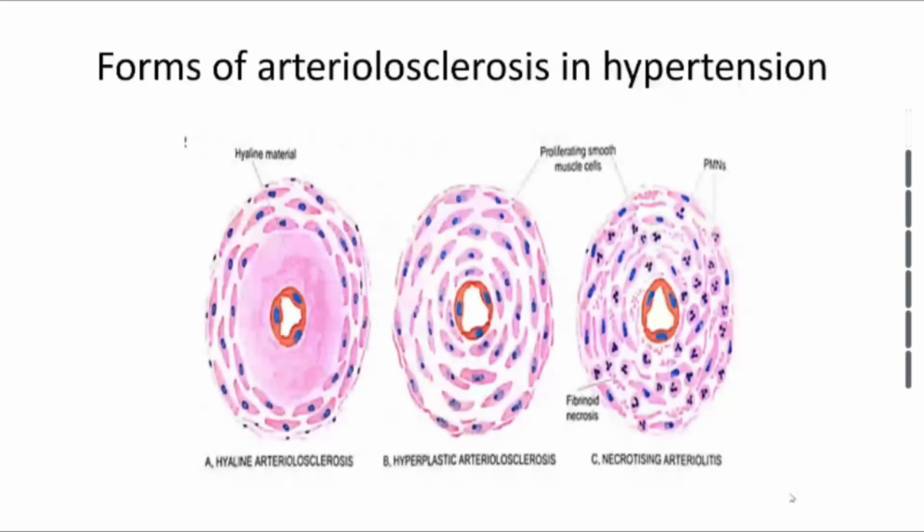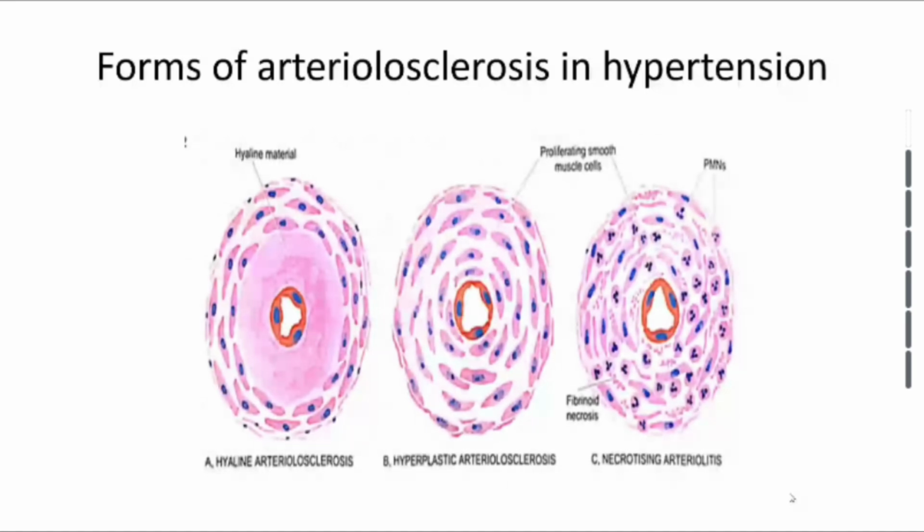And then we have necrotizing arteriolitis, that is inflammation. So necrotizing has to do with necrosis. And I think we did about the different types of necrosis. And when there is necrosis of vessel or any other tissue, you can see there are the polymorphonuclear leukocytes, that is like neutrophils and so on, because there is inflammation.